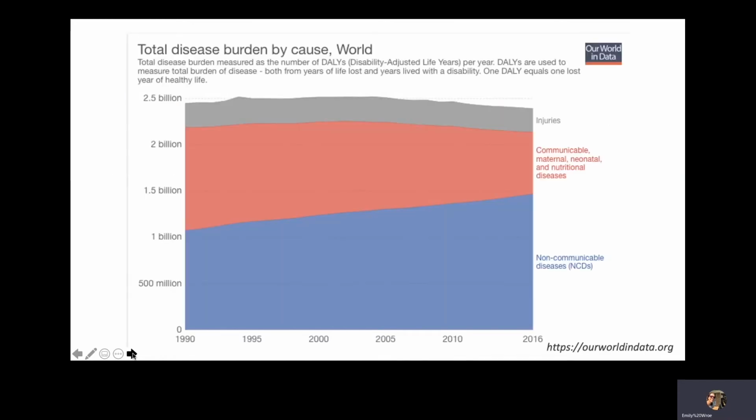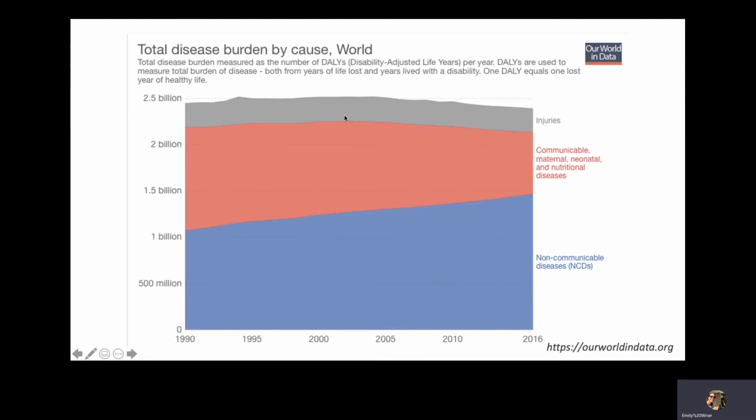So when we look at the total disease burden in the world, we'll talk more about what DALYs are, disability adjusted life years, but this is a very zoomed out image of blue for non-communicable diseases, the pink for communicable or infectious diseases, as well as maternal, neonatal, and nutritional diseases, and then the gray in injuries.